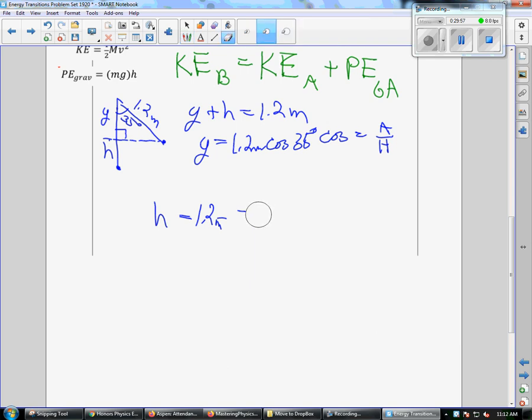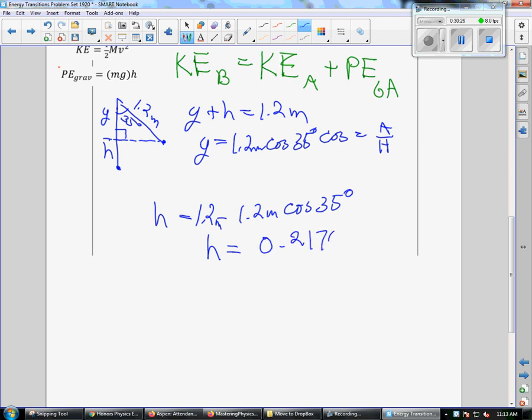Yeah, see, again, guys, make sure you use concepts we've actually used, and you'll find a lot more success. So that makes more sense. And I get 0.217017549 meters. So that's my change in height.